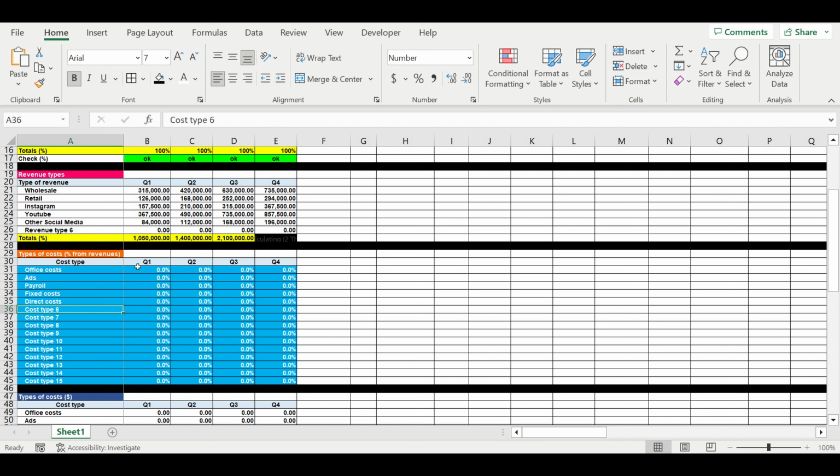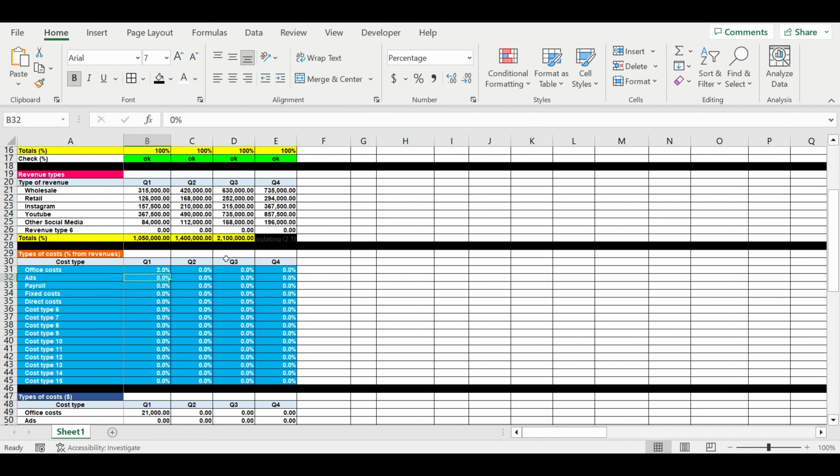Here we can create the names for different types of costs that you are planning to measure in BVAs. And then we specify the percentage from revenues for each type of cost. For example, office cost will take 2% of revenues.